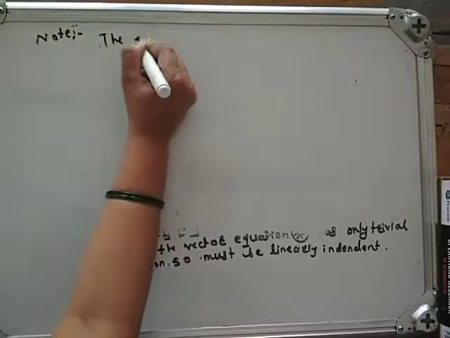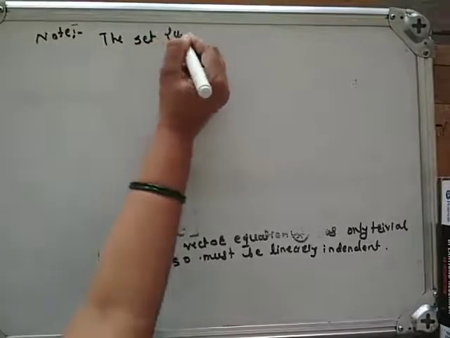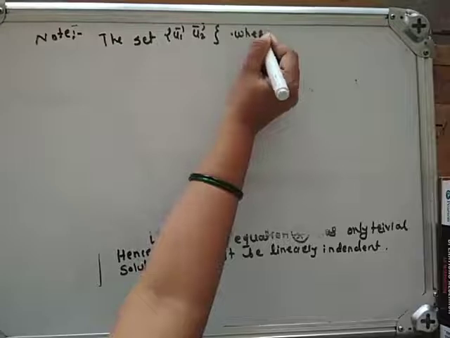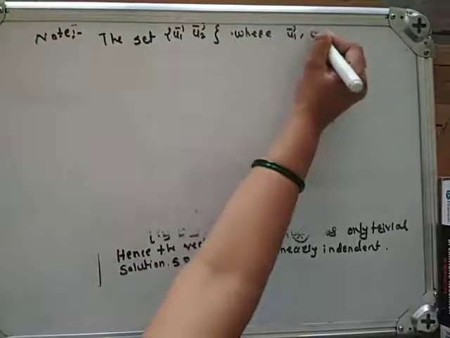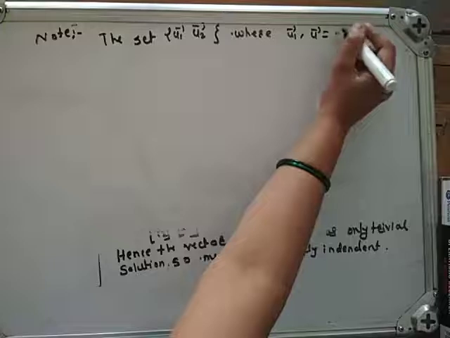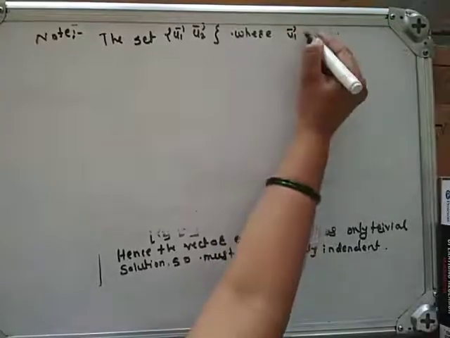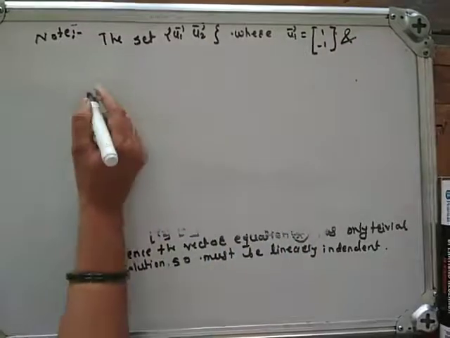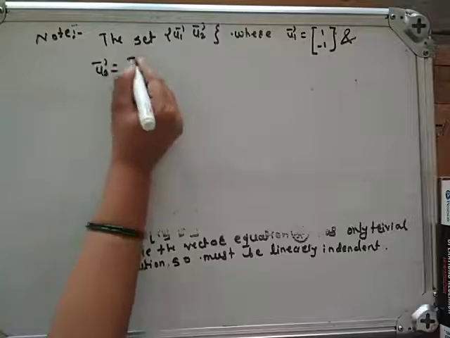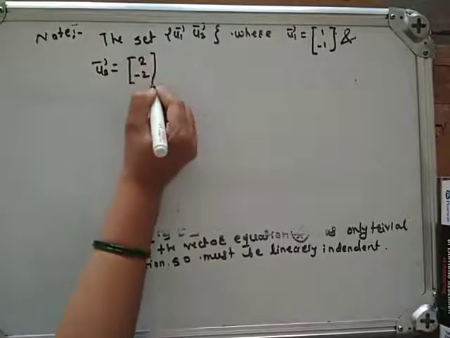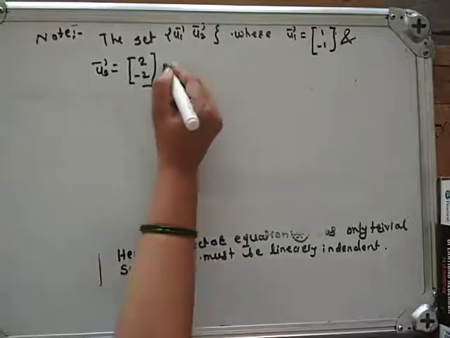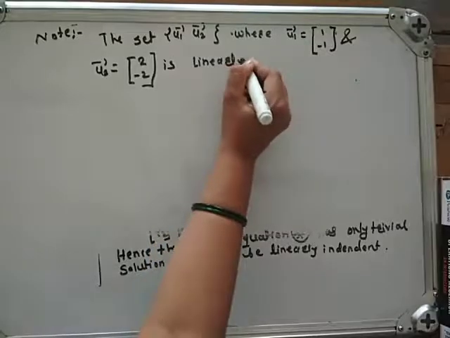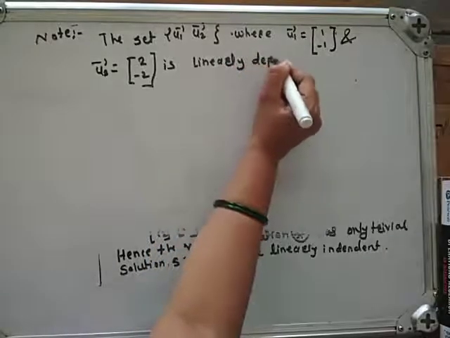The set u1 bar, u2 bar, where u1 bar is equal to the matrix 1, minus 1 and u2 bar is equal to the matrix 2, minus 2, is linearly dependent.